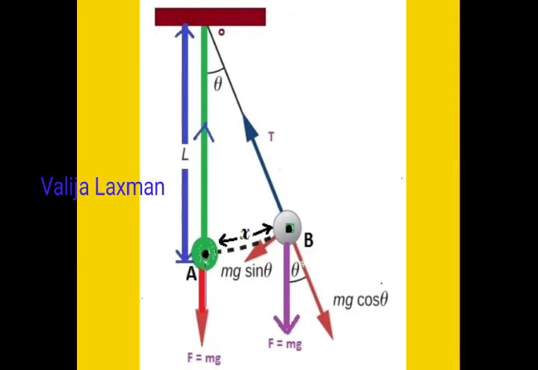Once again, point O here, wherever the cursor is, is the point of suspension. What is it called? Point of suspension.